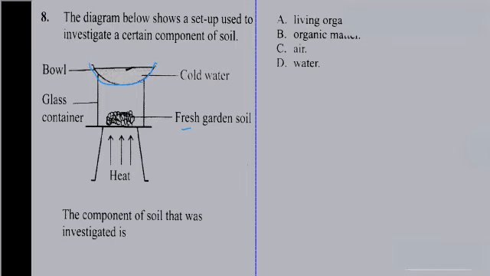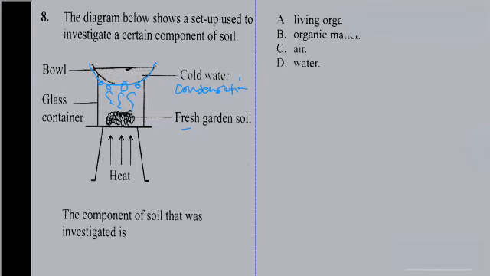The reason it is put is to bring in condensation, so that we have a cold surface that will condense the vapor coming from the soil. So when vapor comes from the soil, it means the soil contains water; it reaches the cold surface here, then it will condense to form what? Water droplets. So it is simple.